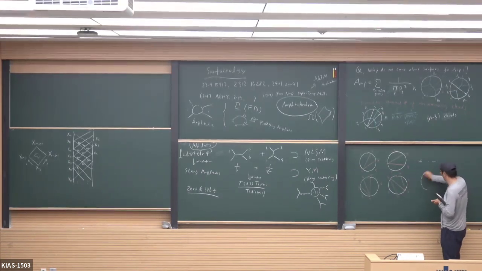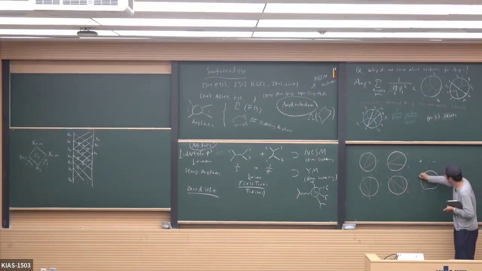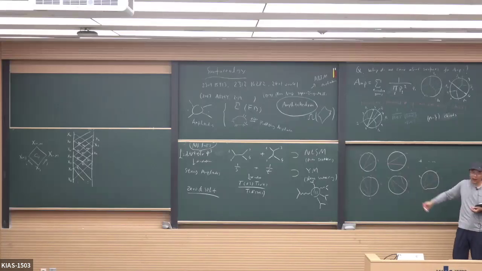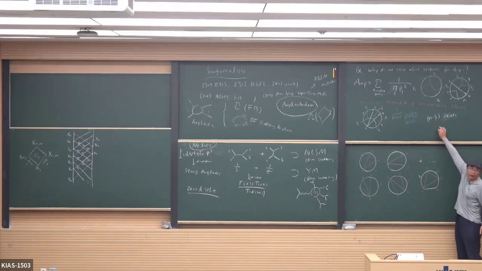Or you could have this kind of triangulation, 1, 3, 5. That's also a triangulation. In all these cases, you're dividing your hexagon into 4 triangles with 3 non-intersecting chords. So n-3 chords here, right?